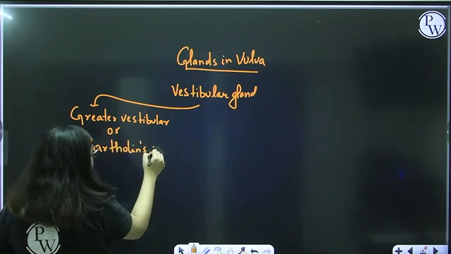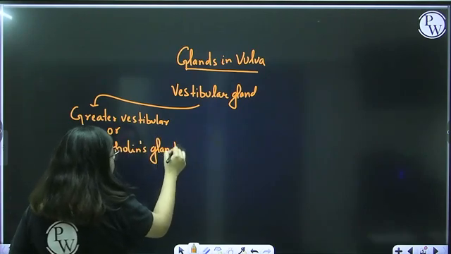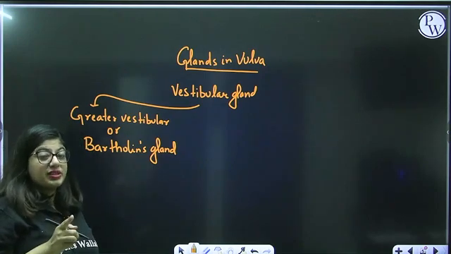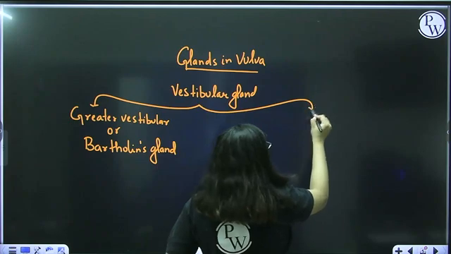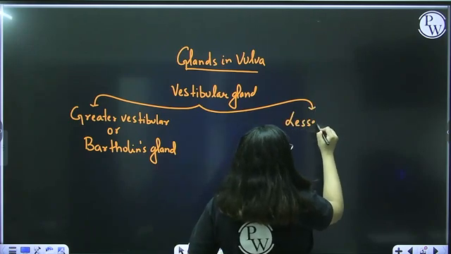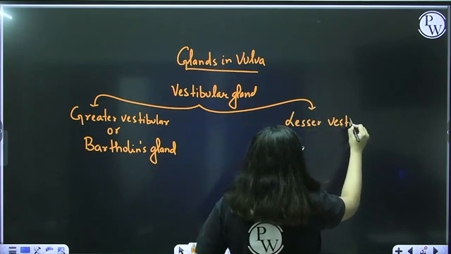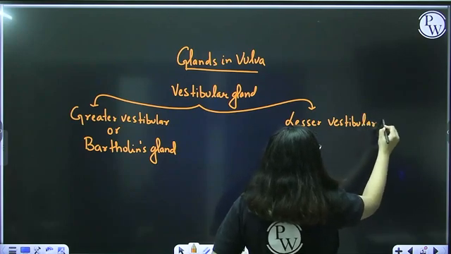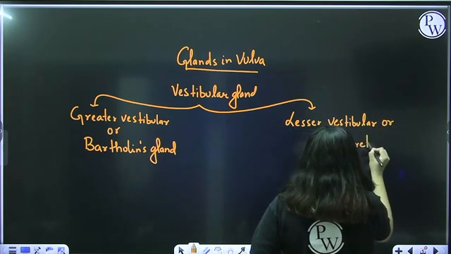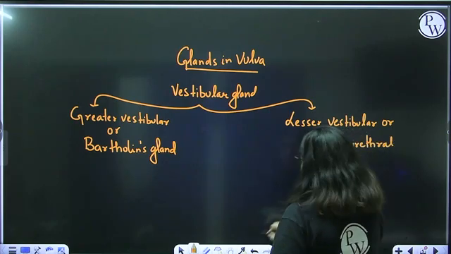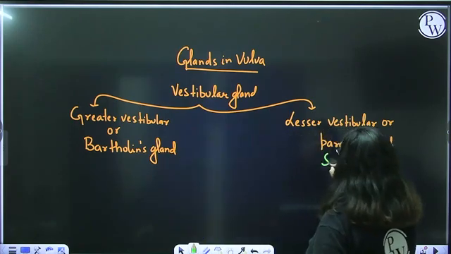Bulbourethral gland is present in males. Bartholin gland is present in females. Another gland is the lesser vestibular or paraurethral. The function of both the glands is the same. Both secrete alkaline mucus.